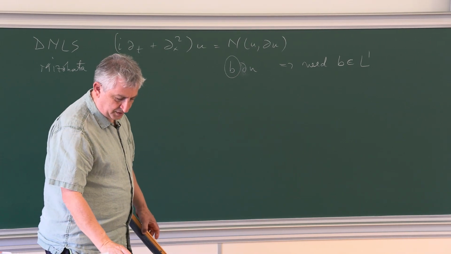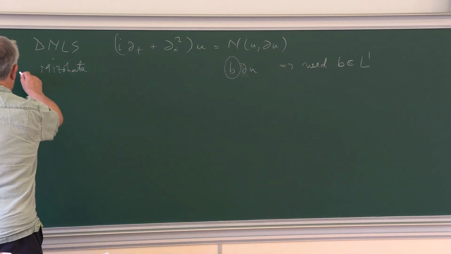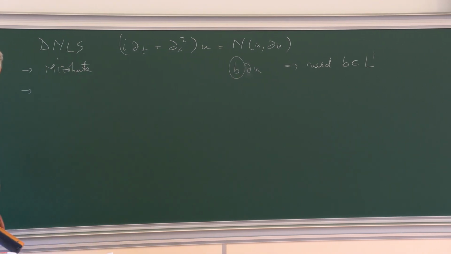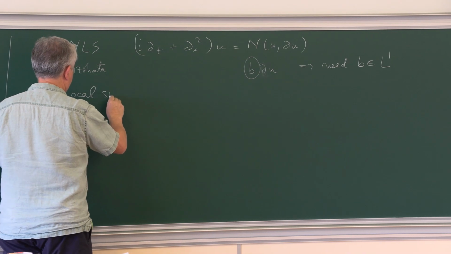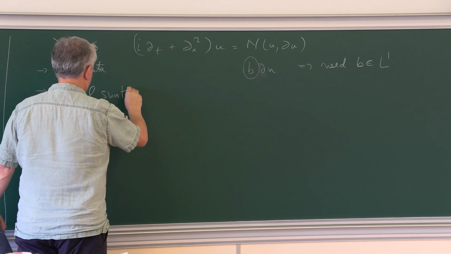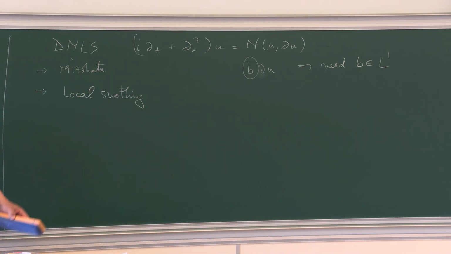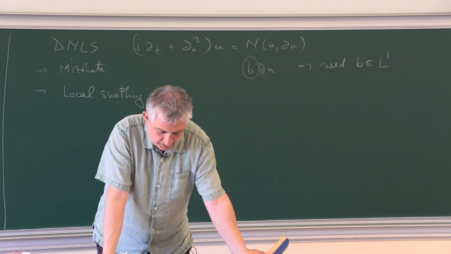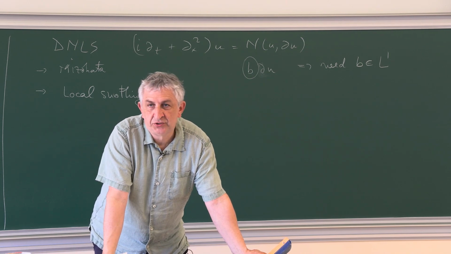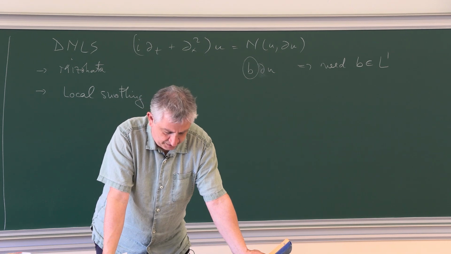And then there were a number of people, and so this was one important idea, and the next important idea that came was the idea of local smoothing, which I like to call better local energy decay. So this was independent work of Sjölin, Constantin and Saut, and Vega, that happened in the late 80s perhaps.